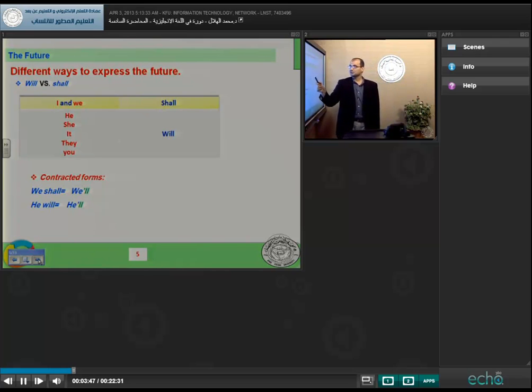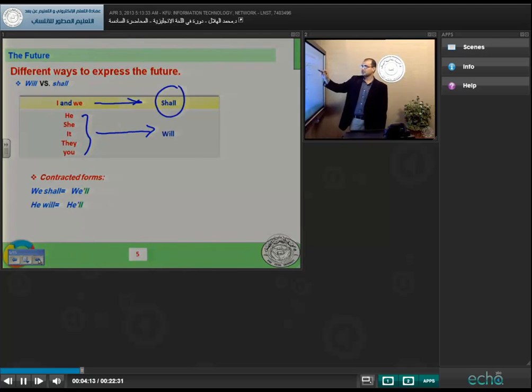So he, she, it, they, you use the auxiliary will, while in the case of shall we use I and we. As we just said, in the case of I and we we use shall, and in the rest of the pronouns we use will.